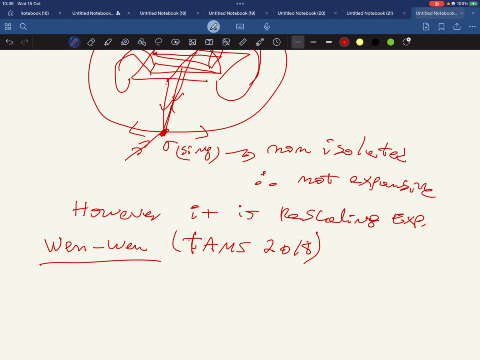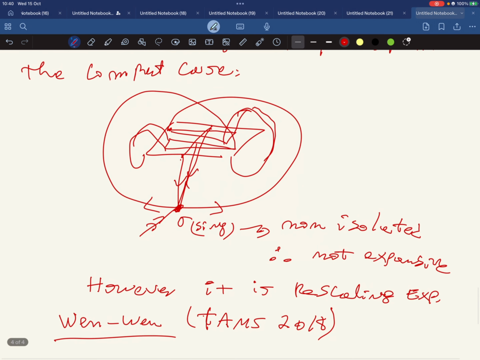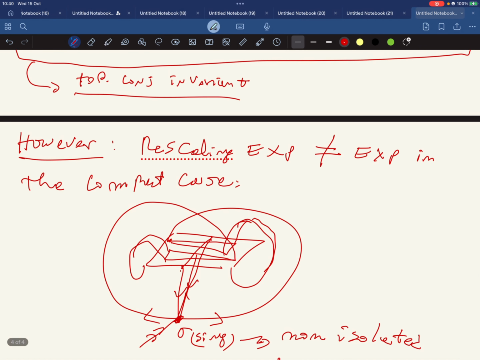I will not define the differentiable version here, but you have to see that the differentiable version implies the topological version. And then this is an example of a flow on a compact metric space, which is scaling expansive but not expansive.